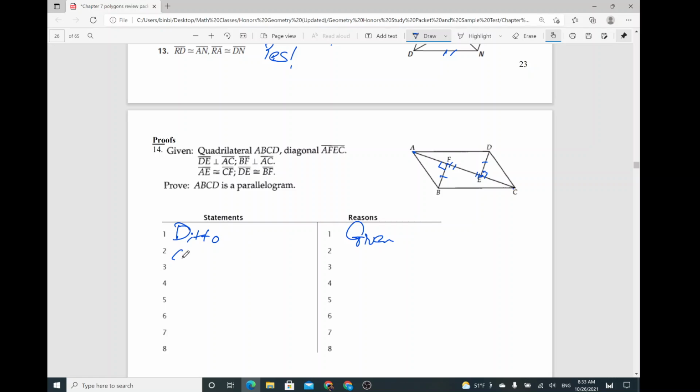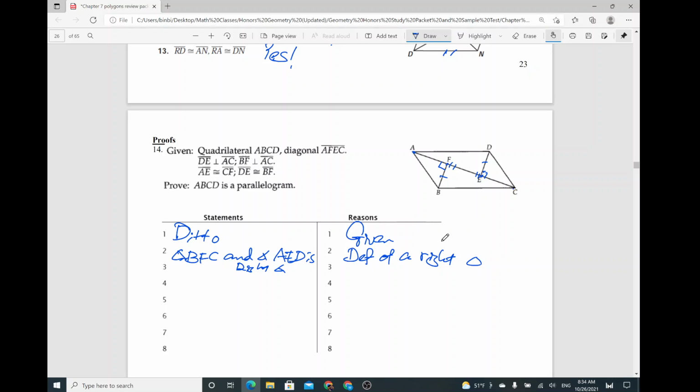So we can state that triangle BFC and triangle AED are right triangles. Reason: definition of a right triangle. The reason is that those two line segments are perpendicular, so that forms a 90-degree angle. Therefore, it's a right triangle.